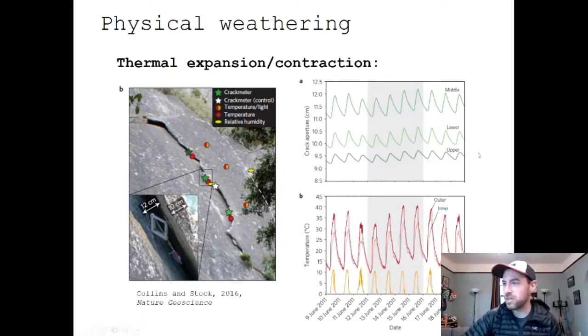You can see here that as the temperature increased and decreased as a function of the light intensity from the sun, the cracks would open and close and open and close. But over the long term, you can see there's a trend towards widening and widening as that expansion and contraction continued over and over again. It's a pretty cool feature.